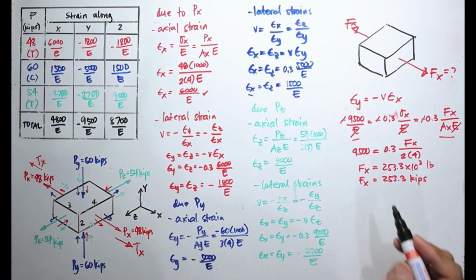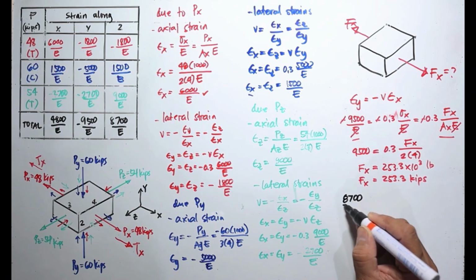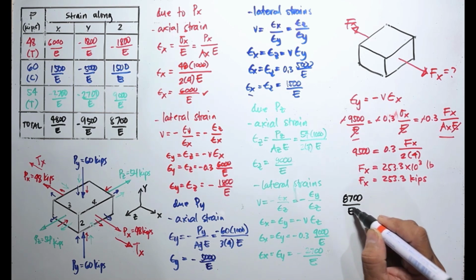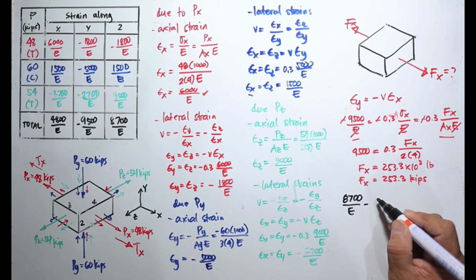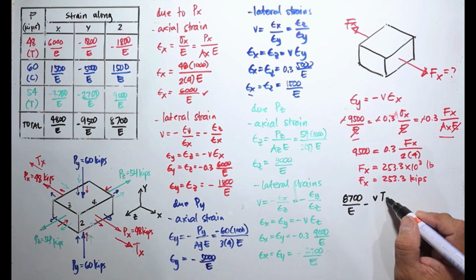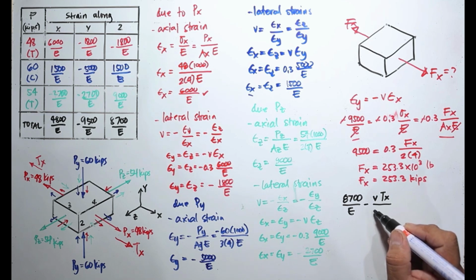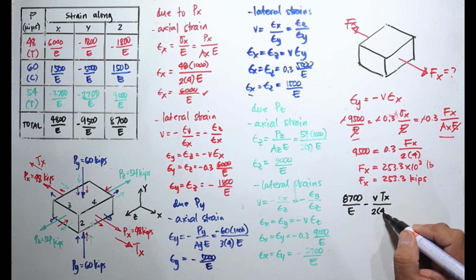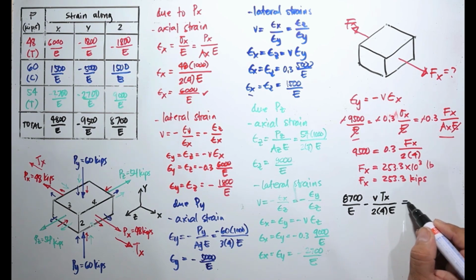So the strain along Z minus the lateral strain due to T sub x, which is Poisson's ratio times the force T sub x divided by the area, that's 2 by 4, divided by modulus of elasticity, should be 0.